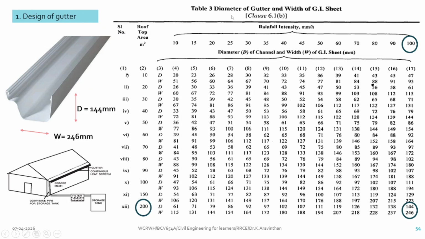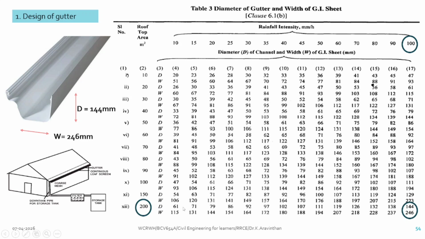In the code book, you can take table 3, the diameter of gutter and width of GI sheet. They have given it as explained in the design procedure. Here our maximum rainfall intensity is 100 mm per hour, so this we have to take, and the rooftop area is 200.